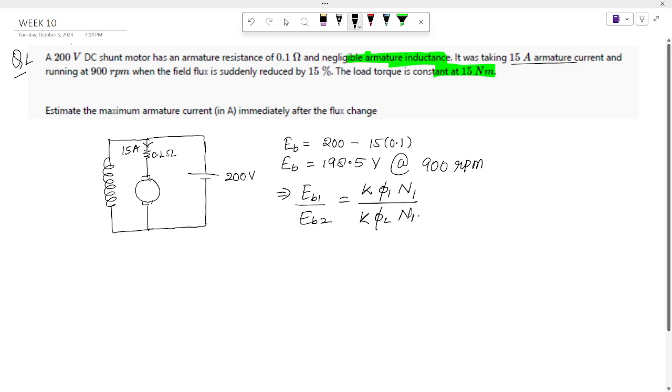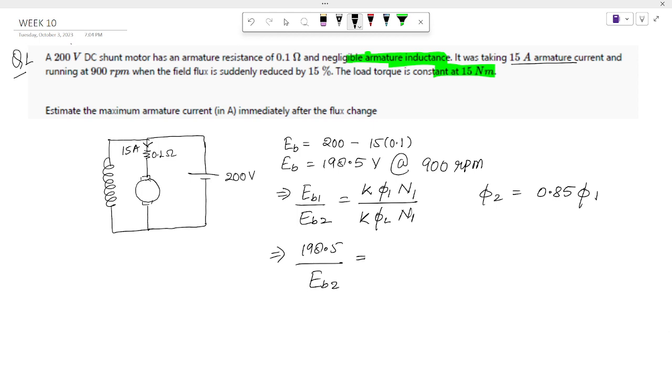But flux will immediately change, so phi 2 is 0.85 phi 1 because we are reducing by 15%. So EB1 was 198.5 upon EB2 is K phi 1 N1, 900 rpm, upon K phi 2, that is 0.85 phi 1, and speed is still the same.